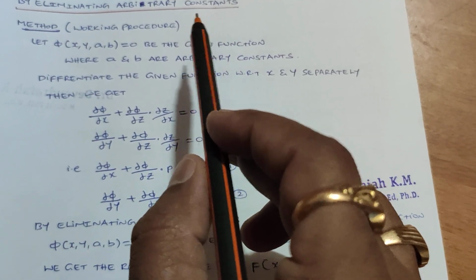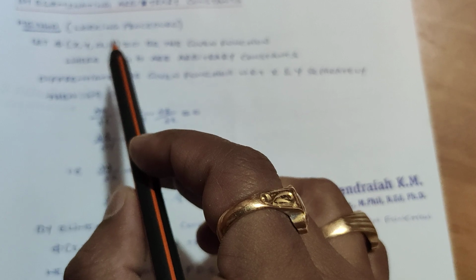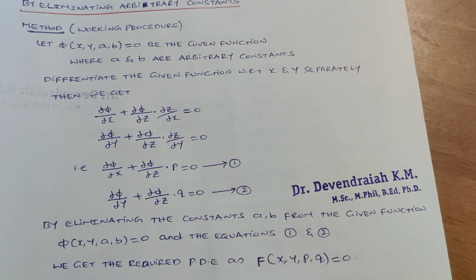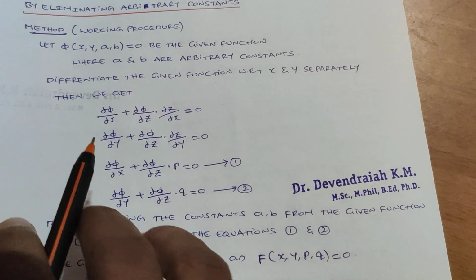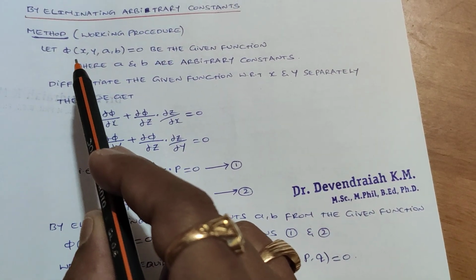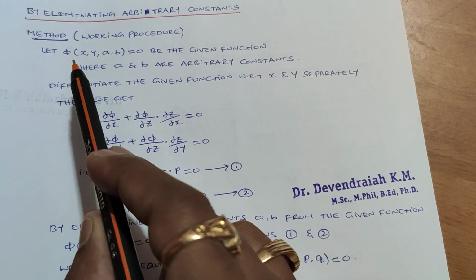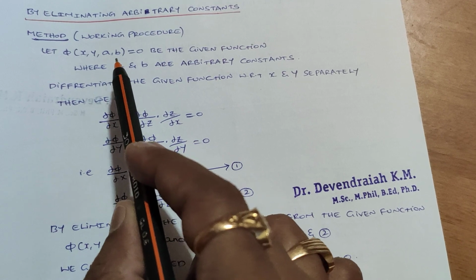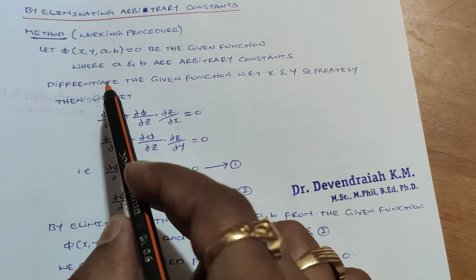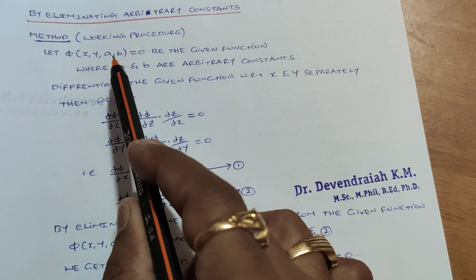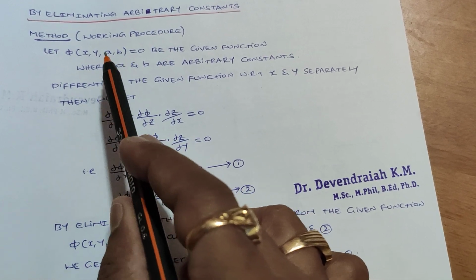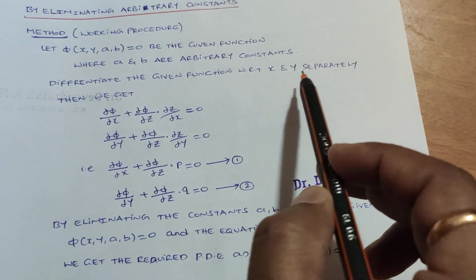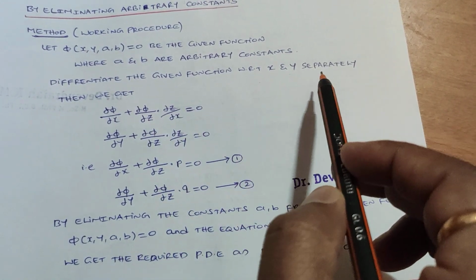Here the procedure for eliminating the arbitrary constants is as follows. We consider the function phi of x, y, a, b. Here a and b are the constants. The procedure of forming a partial differential equation is to differentiate the given function with respect to x separately and y separately.